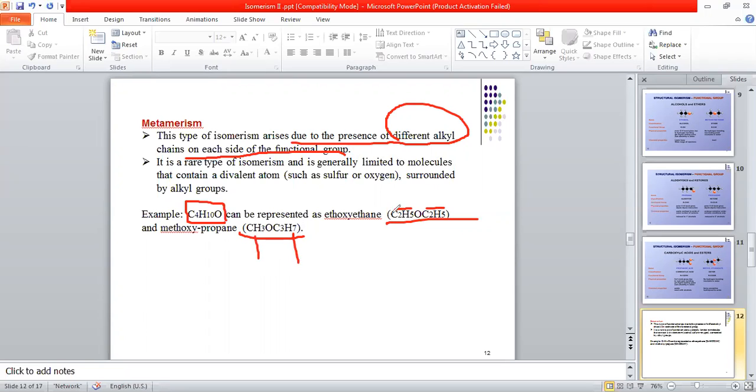The ether functional group is the same. How many carbon atoms are there? 4 carbon atoms here, and also 3 plus 1, which is 4. Hydrogen atoms are 10 and 10. Oxygen is 1 and 1. So we can see that metamerism is found when you find a difference in the alkyl groups present on either side of the functional group.